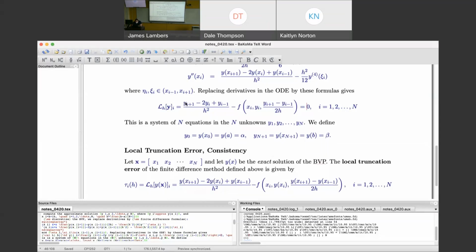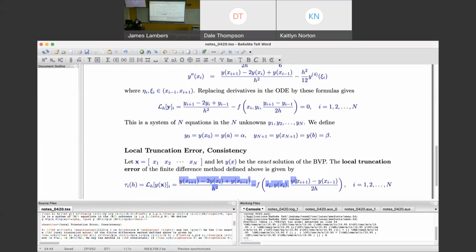So here, this system of equations that arose from the ODE, we now substitute the exact solution into that. And then we try to simplify this as much as we can, also using Taylor expansion as needed, to get an expression for the local truncation error, so we can determine, for instance, the order of accuracy of the method, or determine is the method consistent.